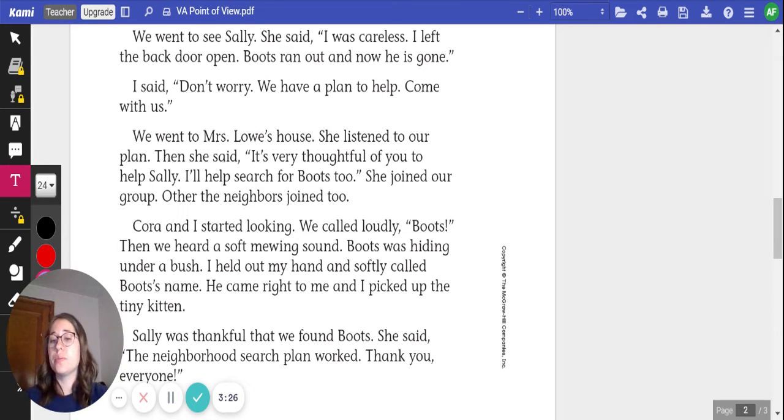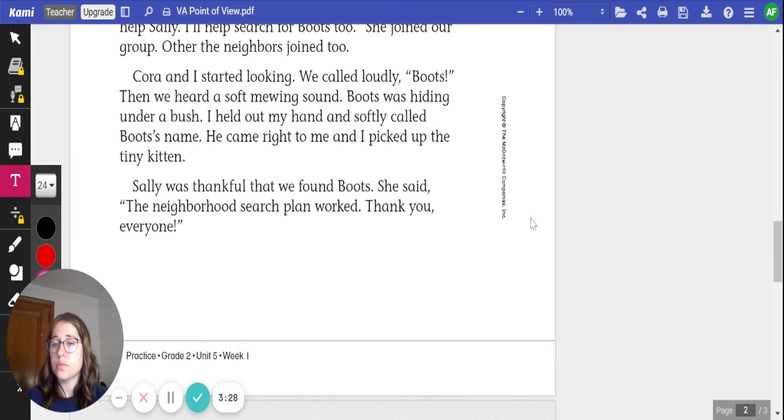Other neighbors joined too. Cora and I started looking. We called loudly, "Boots!" Then we heard a soft mewing sound. Boots was hiding under a bush. I held out my hand and softly called Boots' name. He came right to me and I picked up the tiny kitten. Sally was thankful that we found Boots. She said, "The neighborhood search plan worked.